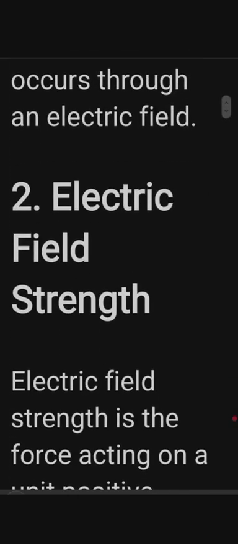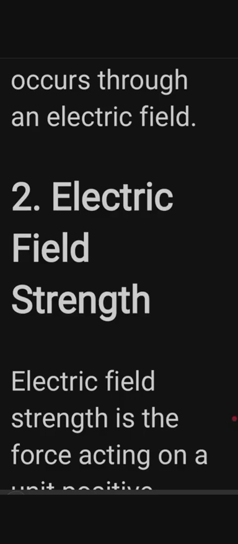Electric field strength. Remember I said that the farther away you take a body that you bring close to a charged body, the less you experience the force that attracts or repels. But the closer you bring a body to a charged body, the stronger the tendency to attract or repel.